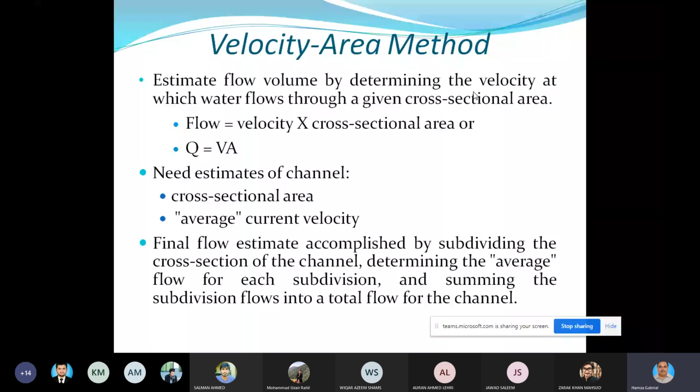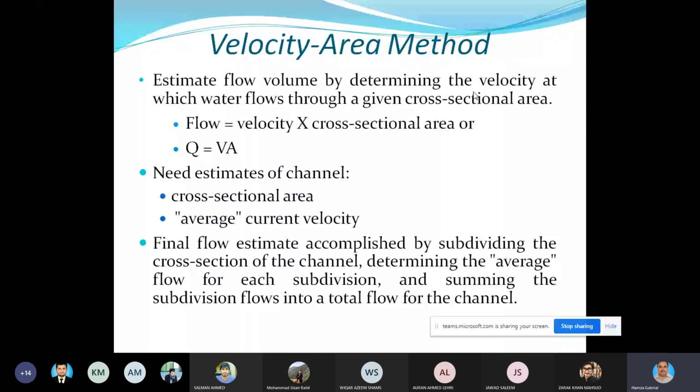So what you need is the cross-sectional area and the average current velocity. So in the velocity area method, the channel is divided into subsections and measuring the velocity in each of these subsections, we find the average velocity.